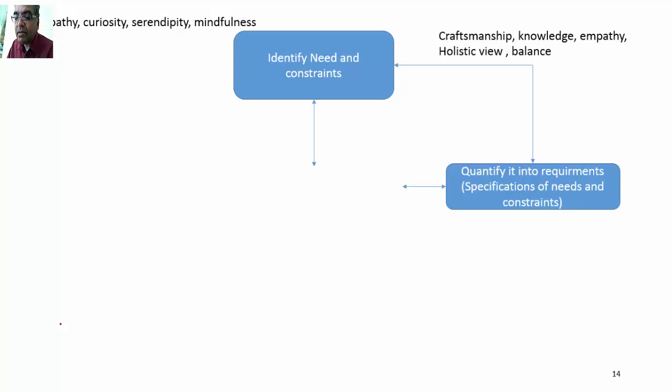Okay, both the needs and specifications lead to identification of functionality. What should the product or process do? This is different than what should it look like or what should it be. So if you think about a cell phone, for example, initially people thought, where should I put the keyboard?